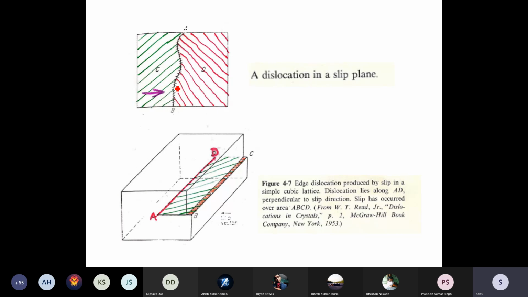There is a hatch line, above which the cards, by the application of shear stress, moved from left to right. The green portion above which the crystal moved, say by 1 atom spacing, and the red portion is yet to be moved.